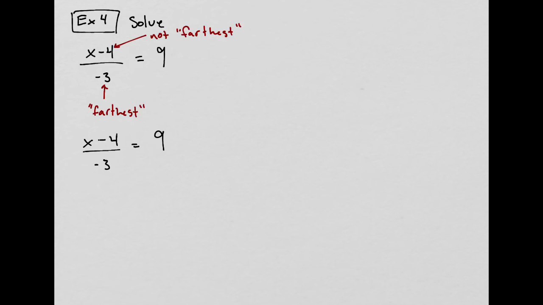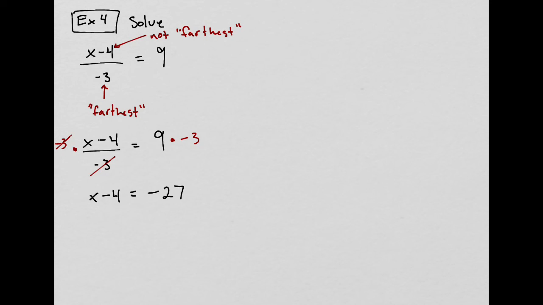So times -3. So -3 on the top, -3 on the bottom, cancels out. I get x minus 4 equals, and then 9 times -3. Well, 9 times 3 is 27, and a positive times a negative is a negative. So we get -27. And then it's a one-step equation.